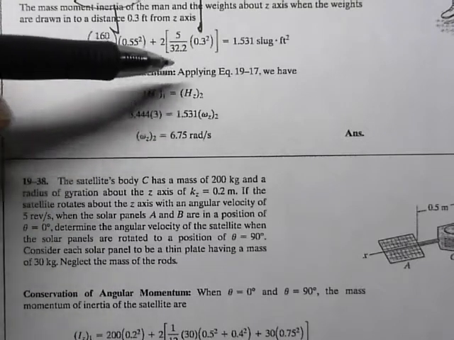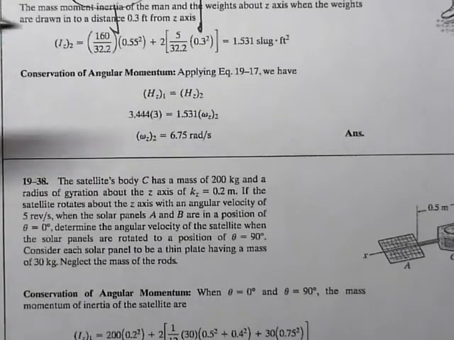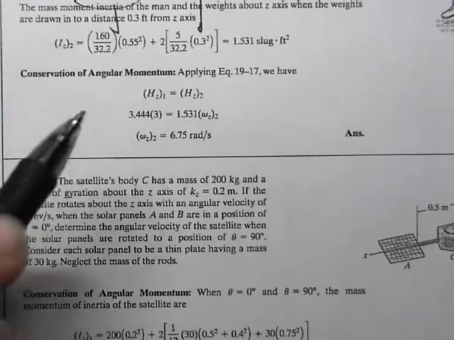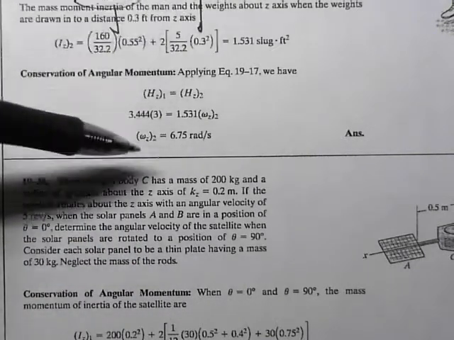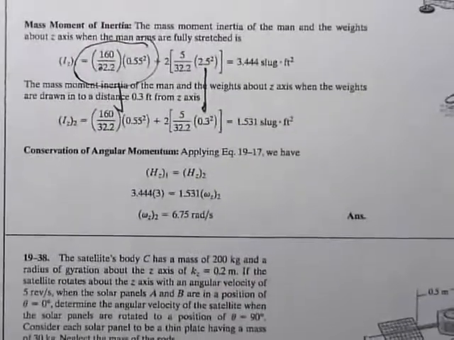Our final angular momentum is I omega, but that omega is unknown. This is one equation, one unknown, and we can solve for that omega of 6.75 radians per second, and so we have more than doubled our rotational speed. And that ends the problem that I am working on chapters 18 and 19.